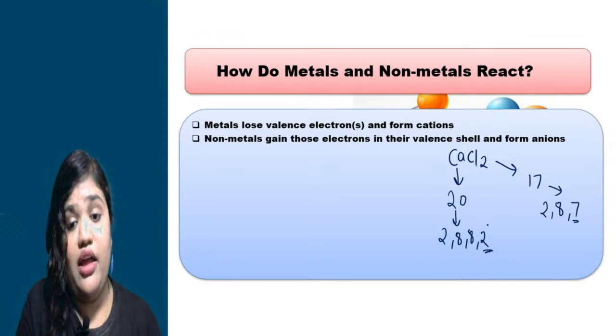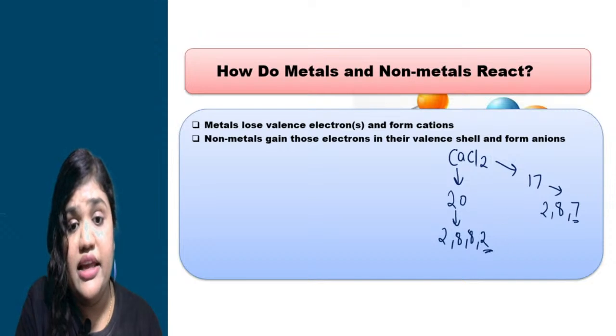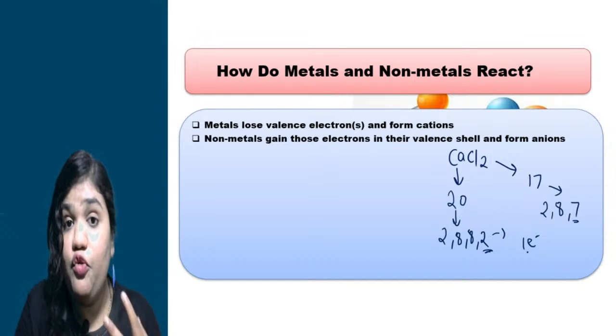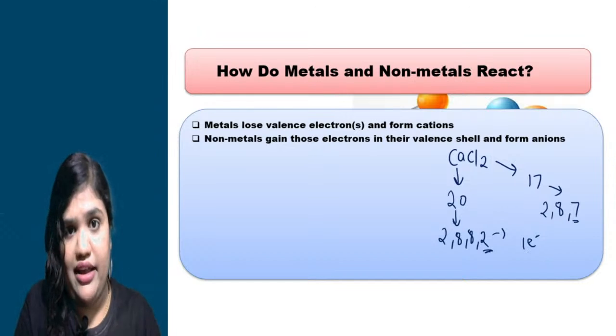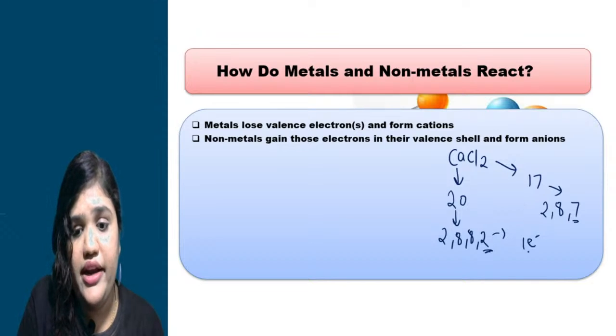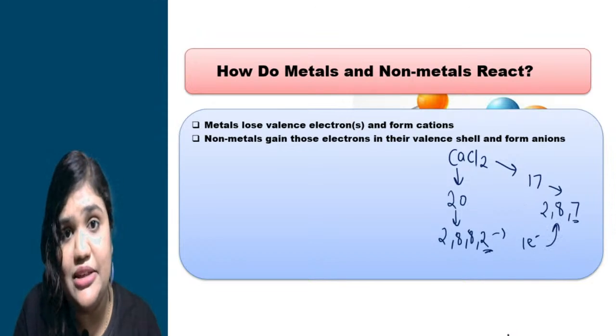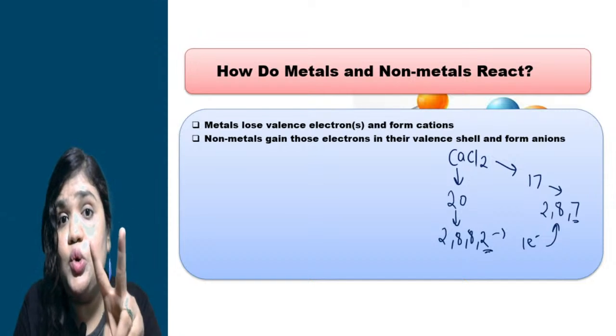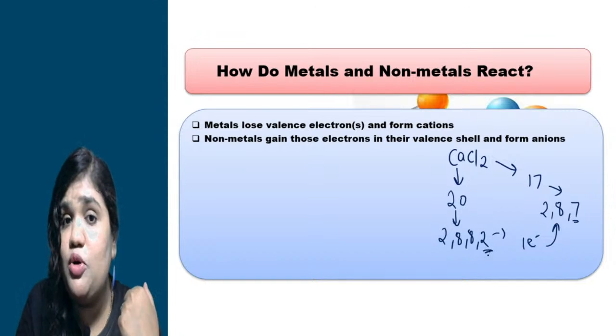So what actually happens here? Here calcium donates 1 electron to form a positive ion, which is a cation. So it donates 1 electron to 1 chlorine atom. Here are 2 chlorine atoms, right everybody, and calcium has 2 electrons in its outermost orbit.